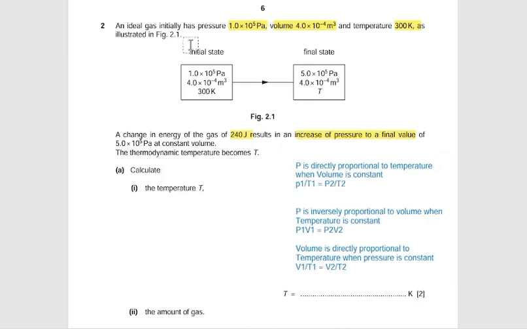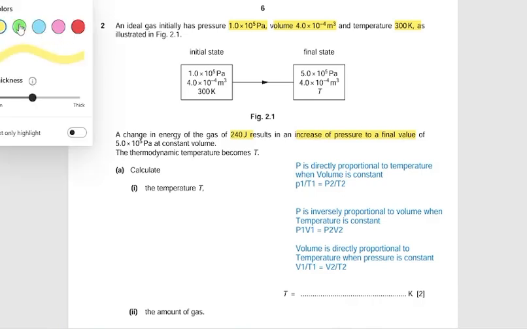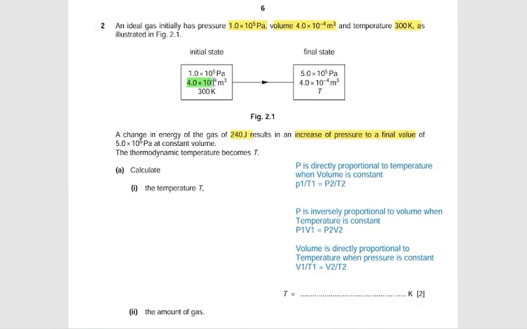Now, if we look at this, we can see that the volume is remaining constant. Yes, pressure is directly proportional to temperature when volume is constant. I can use this formula then.